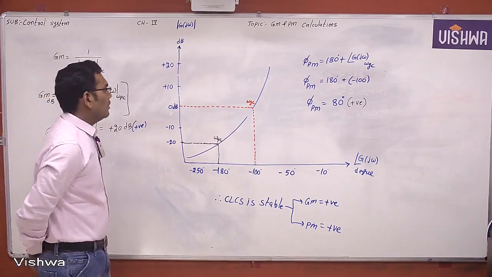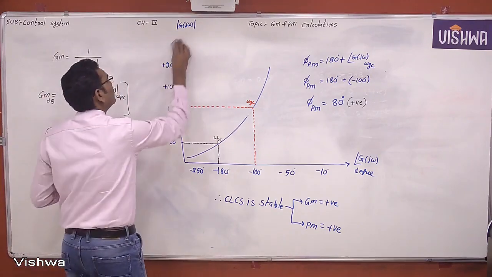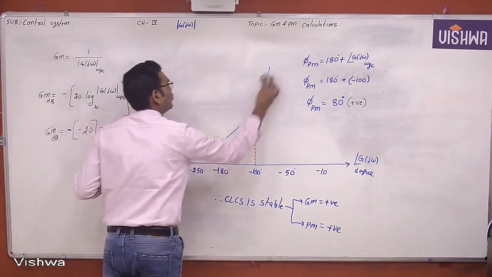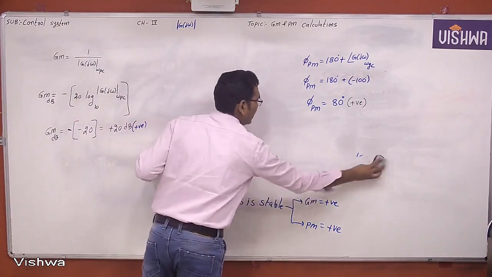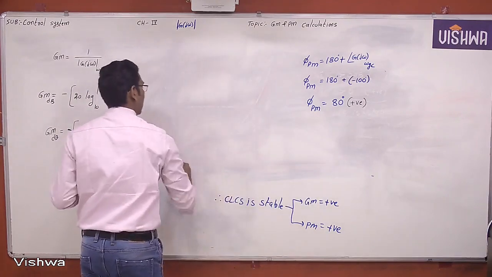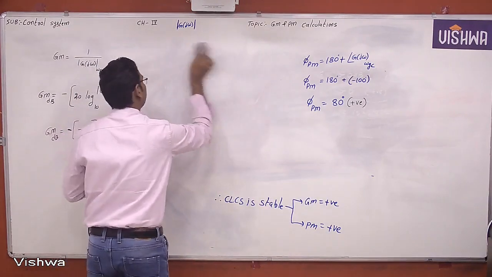Okay, but sometimes he is giving the magnitude plot separately, and he may give the phase plot also separately. Now in such a situation, how can we calculate? Now see here.